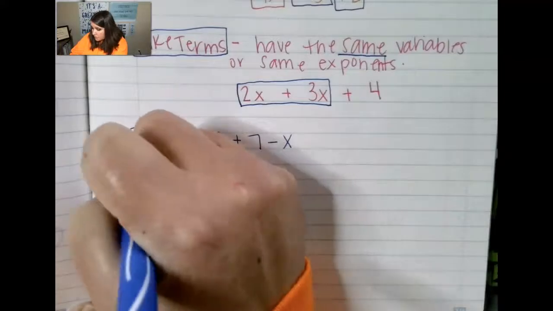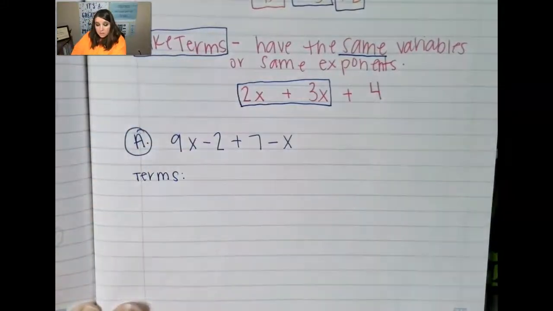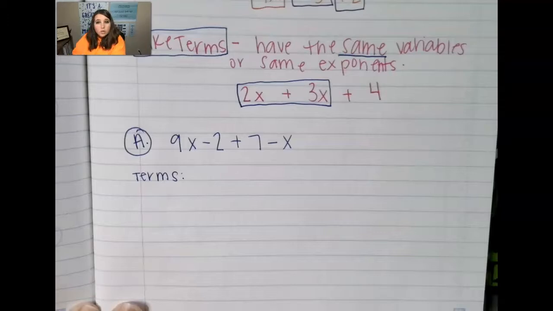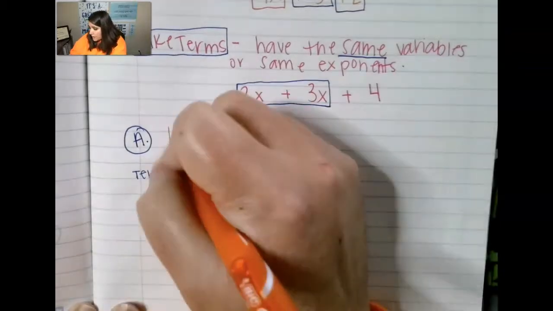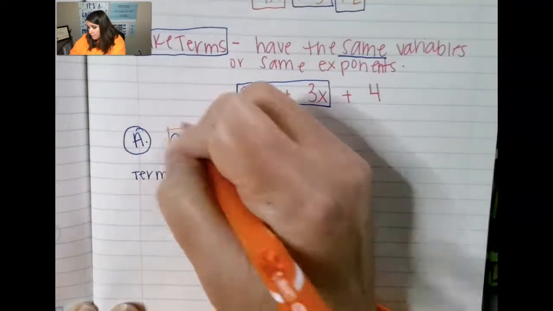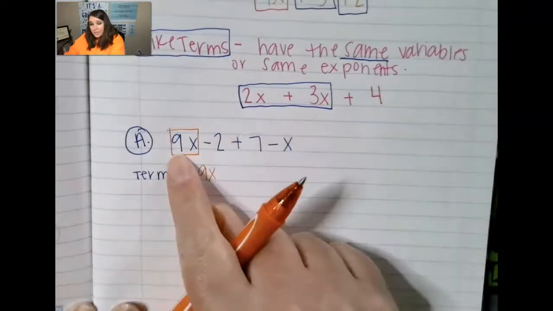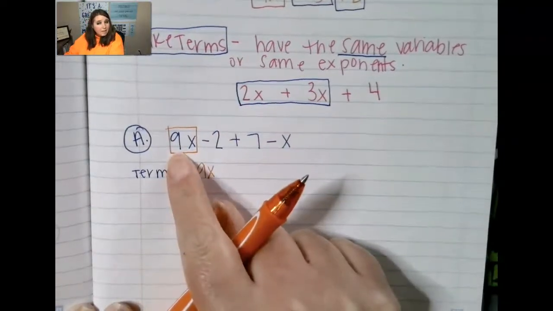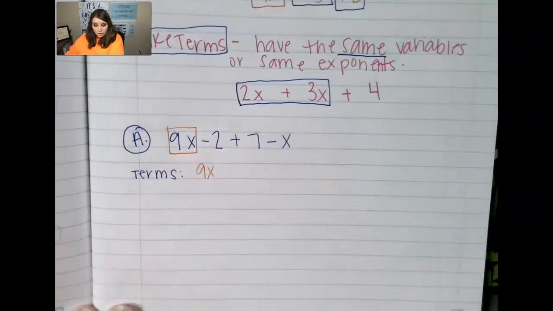So we're going to identify what are the terms, and then we'll look at the like terms. So the terms are each part of this expression. So each part of the expression. So 9 and x are stuck together. They are a term, 9x. This would be a positive 9x because there's nothing in front of it that shows us it's a negative.